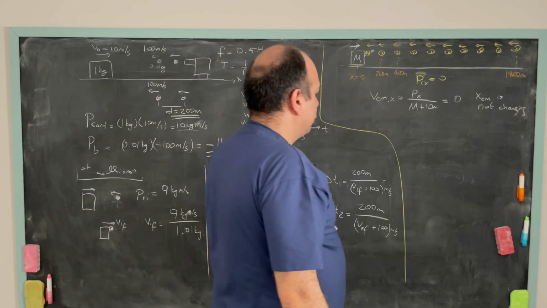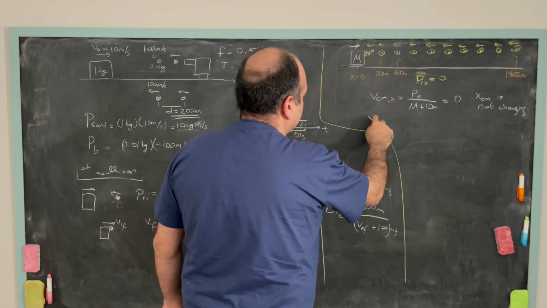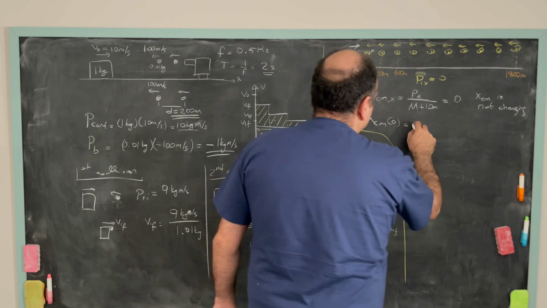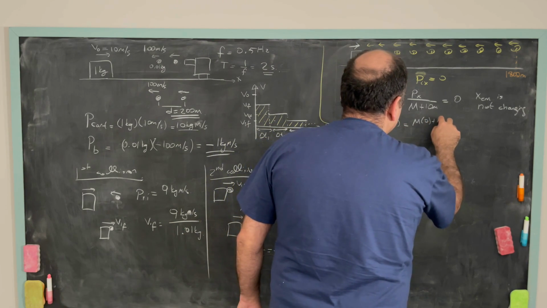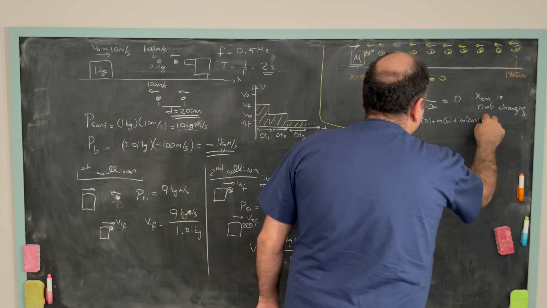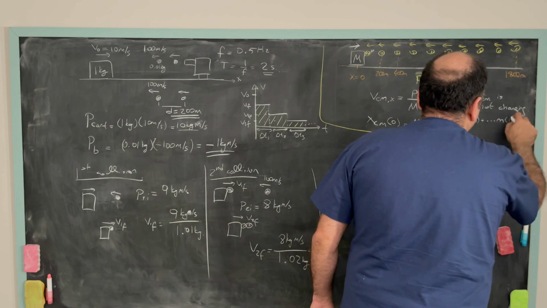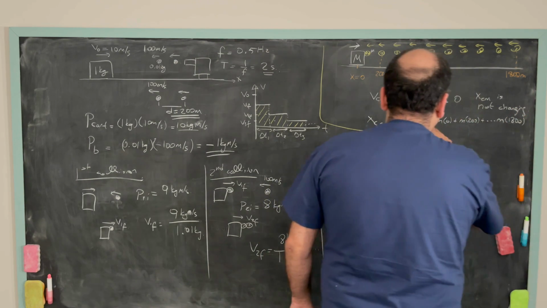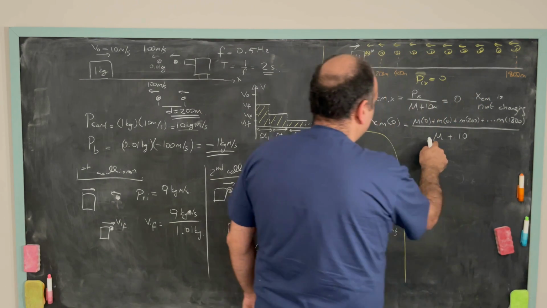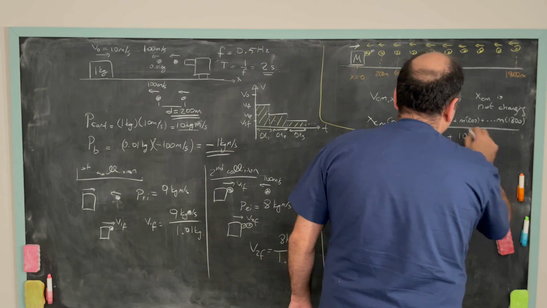Now, how can I find the x center of mass at t equal to 0? Let's find what x center of mass is when t is equal to 0. This is going to be m times 0 plus little m times 0 plus little m times 200 meters, plus dot, dot, dot. The last one would be little m times 1800, divided by the total mass, the mass of the cart plus 10 times little m.